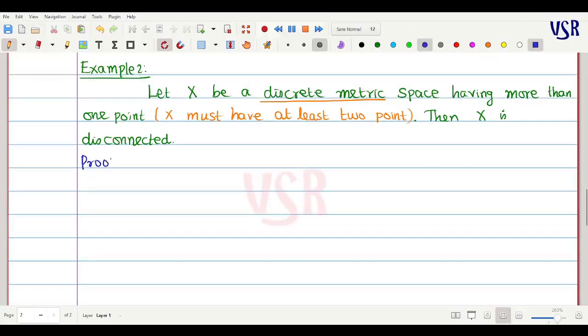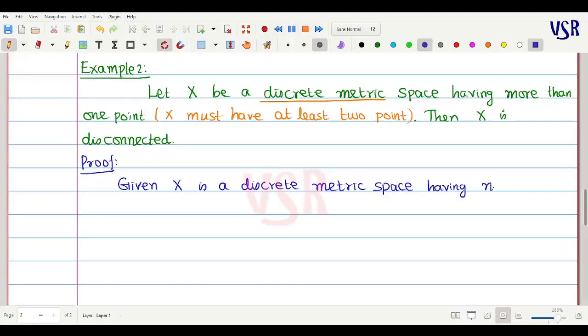Proof என்ன அப்படின்னா, given X is a discrete metric space having more than 1 point.